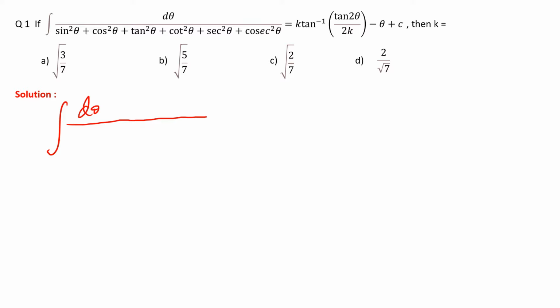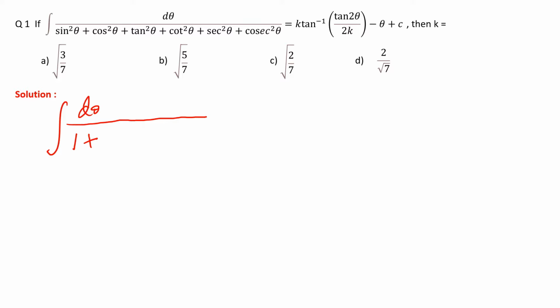Now to solve this question, I will be using trigonometric formulae like sine square theta plus cos square theta, which I can write as 1. Then tan square theta, cot square theta, secant square theta, cosecant square theta. By trigonometry we know that they can be written in terms of sine theta and cos theta.